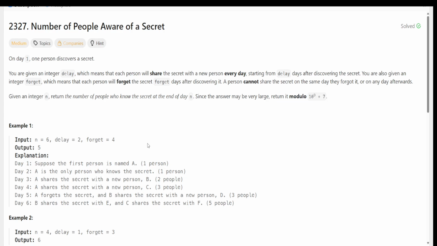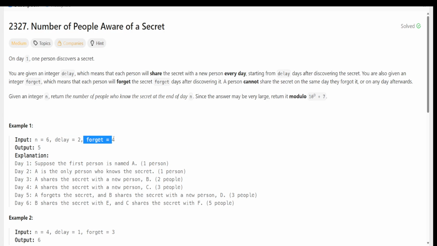So very first, what have you learned here, right? It is saying that on day one, okay, so there is a very small story, right? What is the story? On day one a person knows a secret. Okay, and after delay days, right, this person starts sharing it with a new person every single day. But there is a catch.